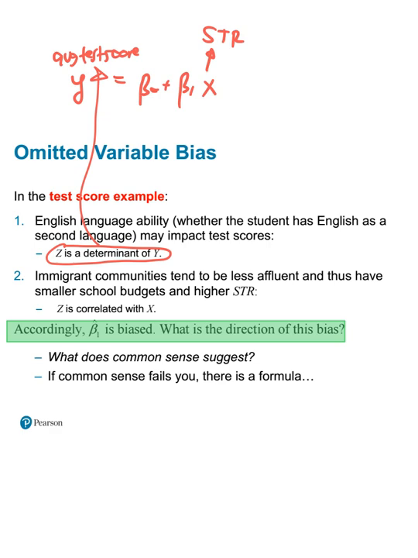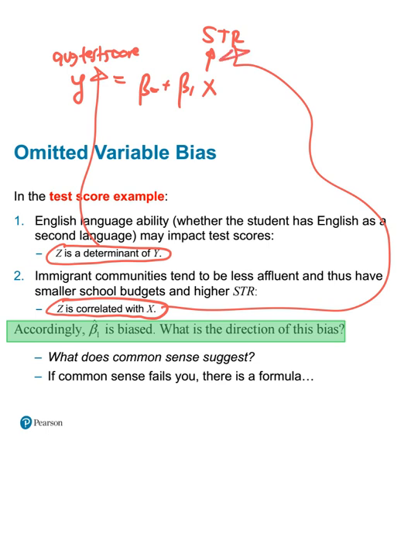So a higher percentage of students with English as their second language traditionally comes from poorer communities, and those communities can't pay for as many teachers, so they are going to have larger classroom sizes. So in this situation, our z variable of English as a second language will indeed be correlated with classroom size, or the student-teacher ratio.